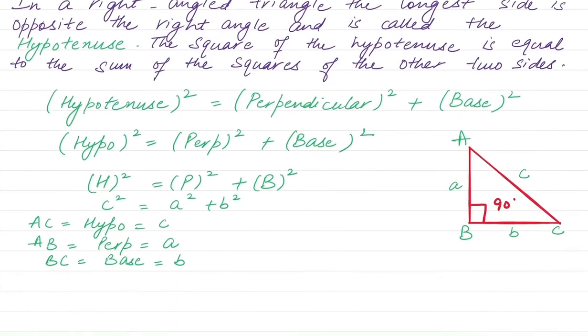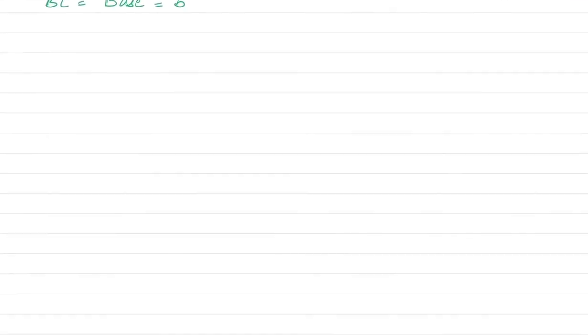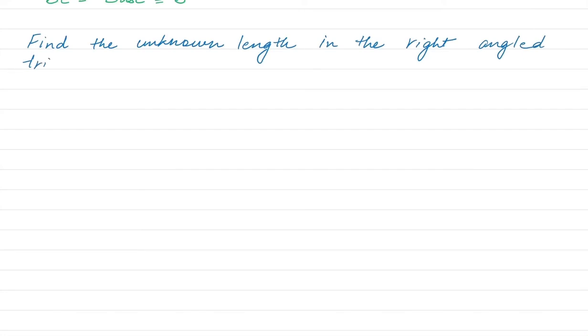Now, let's find the unknown lengths so that we can understand the Pythagoras theorem in a better way. Suppose we are given a question where we need to find the unknown length in a right angle triangle.